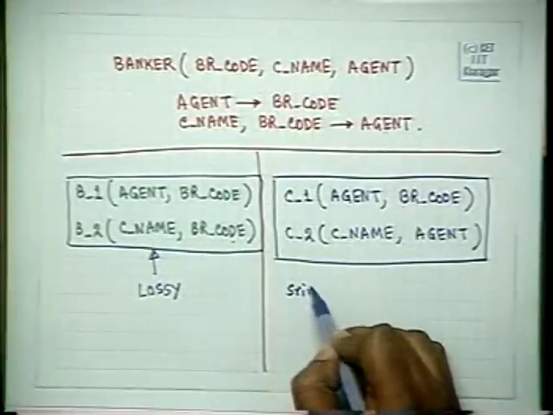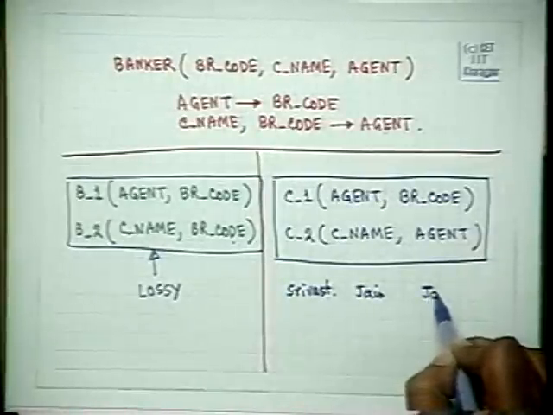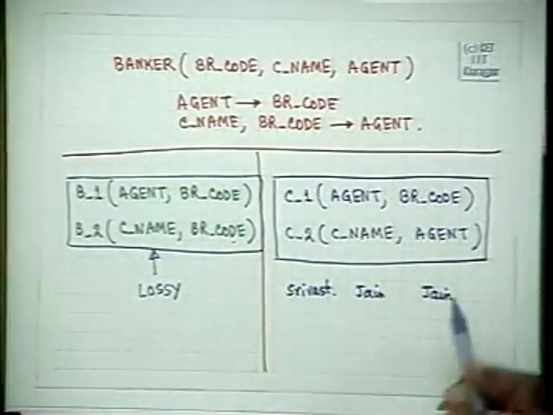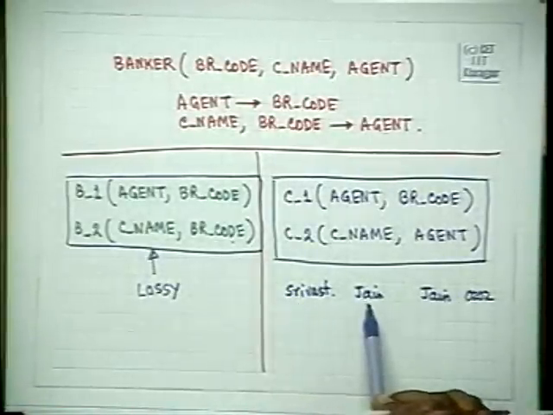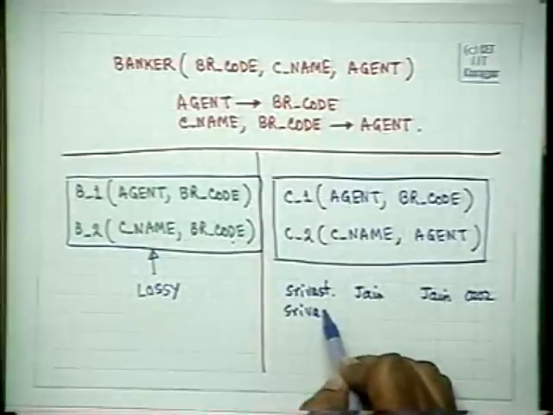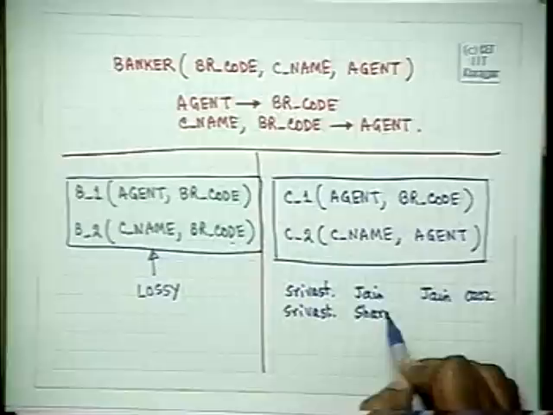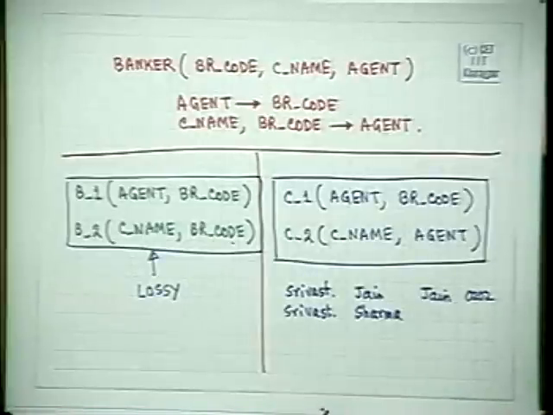Say Srivastava had agent Jain, and we know that a particular agent works only in one branch. So if Jain works in 0202, then you will get Srivastava to be in 0202. You have to get it, and for Srivastava to get Jain, he must be in 0202 only. If Srivastava has got another, say Sharma, then you are not going to have Sharma with 0202.